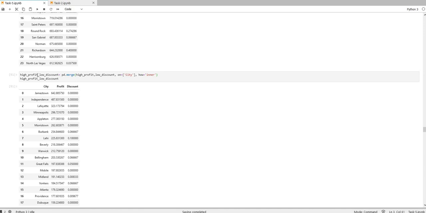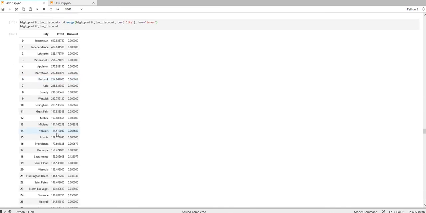We can see that Jamestown also dominates here. Secondly, there is Independence City, then Lafayette, then Minneapolis, with absolutely no discount. Then here comes Burbank, which gives less than 7% discount and has a profit of about $254 in total.